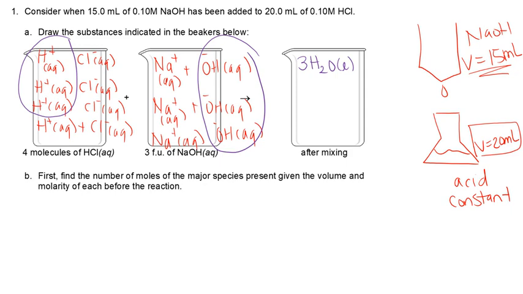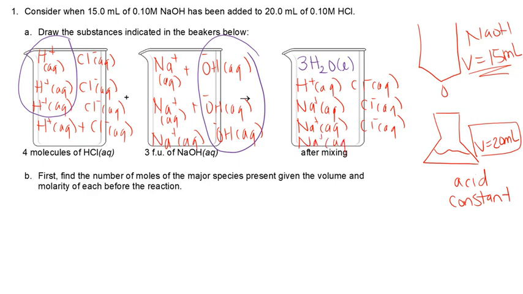So we still have an H+, Cl-, and we have 3 Na+, and still Cl-. So we still have excess of H+, so this is still going to be an acidic solution.